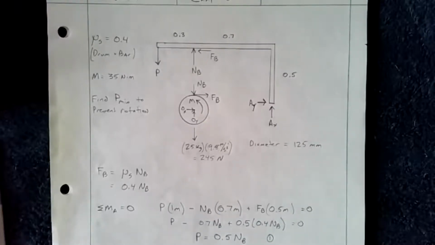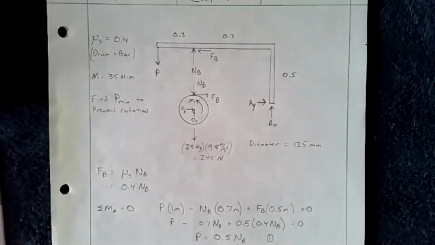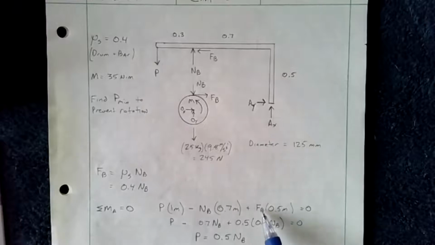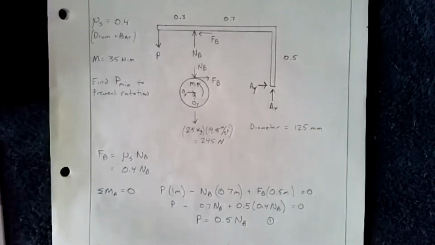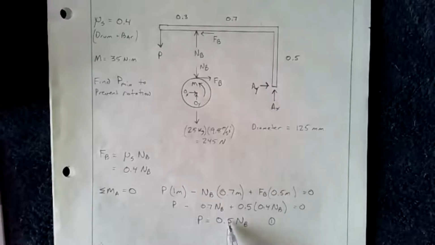So we get P minus 0.7 times normal force B, and then 0.5 times the normal force times the coefficient of friction, and that gives us 0. So we know that P equals 0.5 NB.